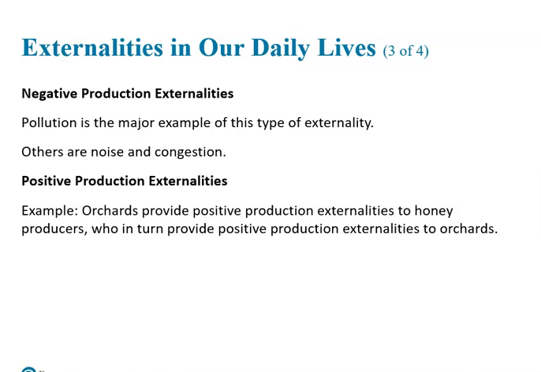So by locating the honey farms very close to orchards, the honeybees can use the flowers to make honey, and while they are doing that, the orchard owners also benefit because it results in pollination between the flowers. So the existence of honey farms close to orchards results in positive production externalities for both the orchards as well as the honey producers.